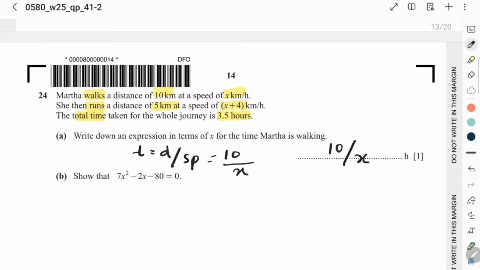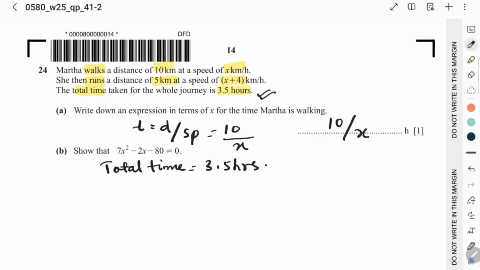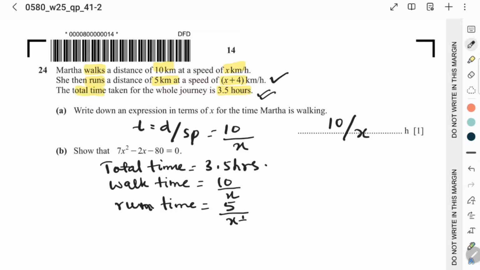Show that 7x squared... okay, fine. So we'll use the total time, which is 3.5 hours, in which the walking and the running time are together. The walking time is 10 upon x, and the running time is the distance 5 upon the speed x plus 4, in hours.